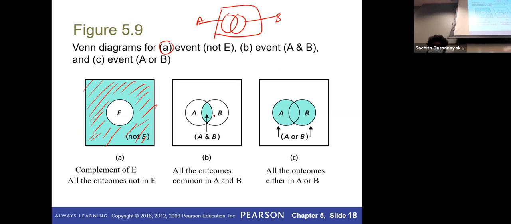Then what is A and B? It is the intersection, where A and B both occur at the same time. Or is the combination of these. Clear? Or means A or B: either A only, this part, B only, this part, and A and B, this part. So all together you have A or B, right? Clear?